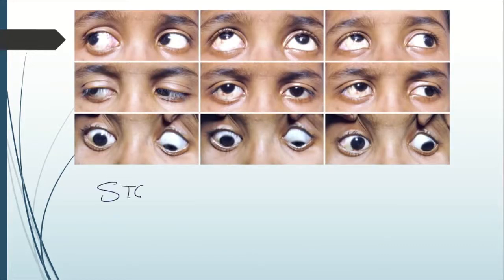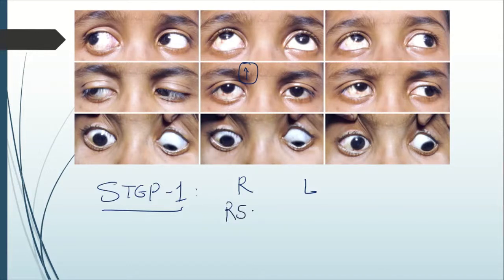So let's go to the Parks 3 step test and apply step 1. Step 1 says which muscle. Since I am having right hypertropia, there is a possibility that the inferior deviators, that is the depressors of my right eye, are abnormal. What are the depressors of the right eye?